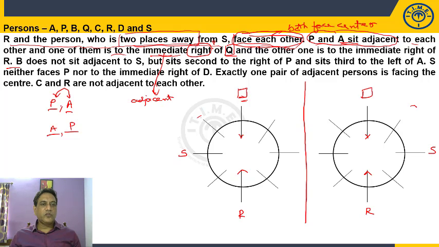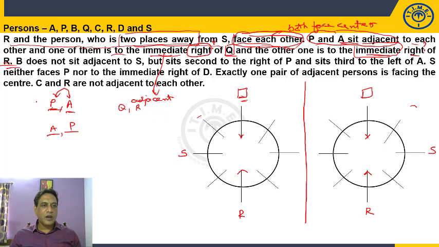So, one of these two should be adjacent to Q, and the other one is to the immediate right of R. Again, we are not sure about what is right of R without knowing which direction R is facing. But this immediate indicates adjacent. So, one of these two should be adjacent to Q and the other one should be adjacent to R.